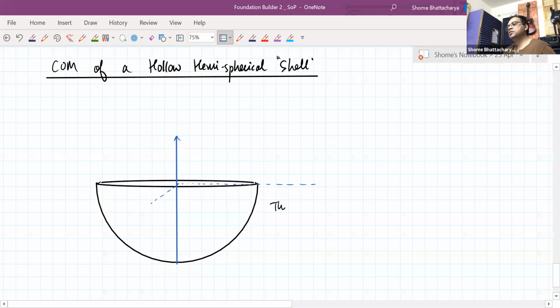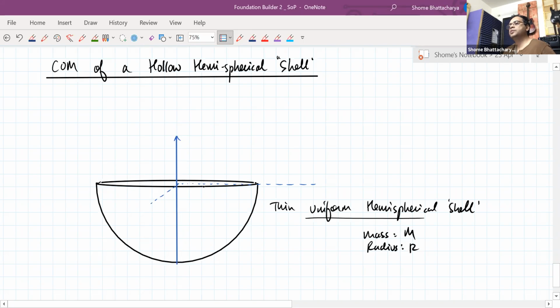Okay. So this is a thin uniform hemispherical shell. Its mass is, let's say, capital M, and radius is capital R. Okay, so this radius over here, this is R. Now suppose I take, I'm just taking this as my y-axis.